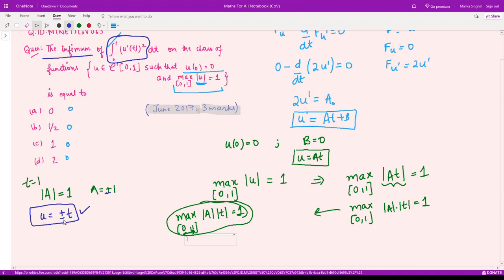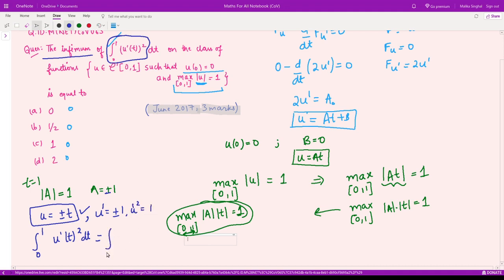So if u is equal to plus minus t, then u dash would be plus minus 1. So let's put these values in the functional. Integral from 0 to 1 of (u dash) whole square dt. Now u dash is equal to plus minus 1, so u dash square would be 1.